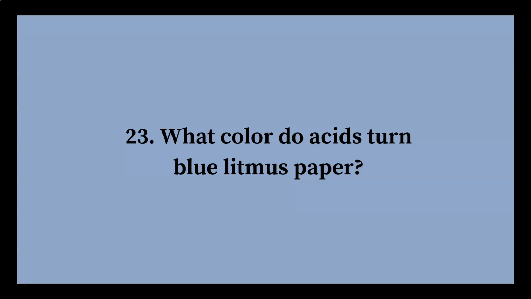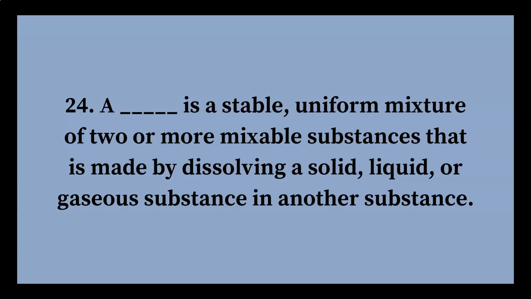What color do acids turn blue litmus paper? A blank is a stable, uniform mixture of two or more mixable substances that is made by dissolving a solid, liquid, or gaseous substance in another substance.